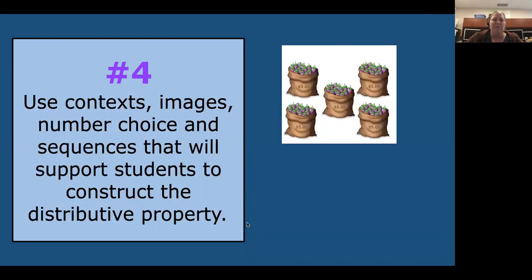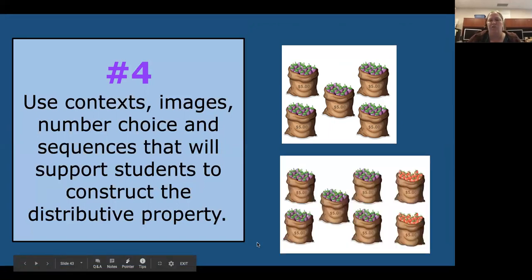And then number 4 is using some context and images with number choice and putting them in a sequence together that might support them to construct the distributive properties. So here's a little picture that you might show. We've got 5 bags, each $5, and they could figure out how much that was going to cost.